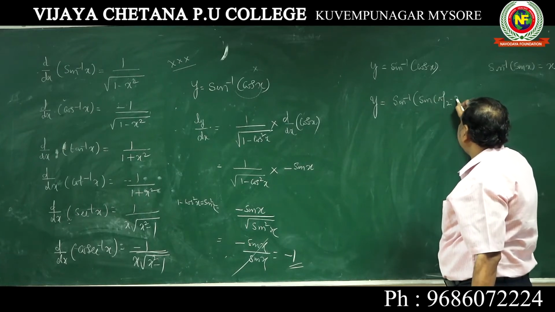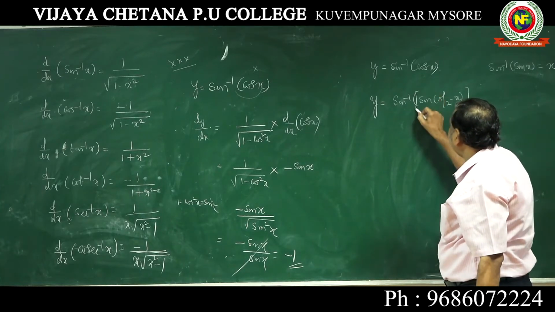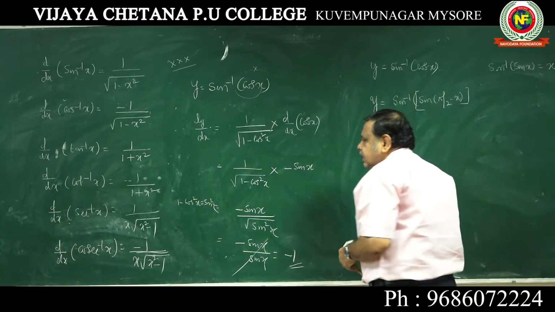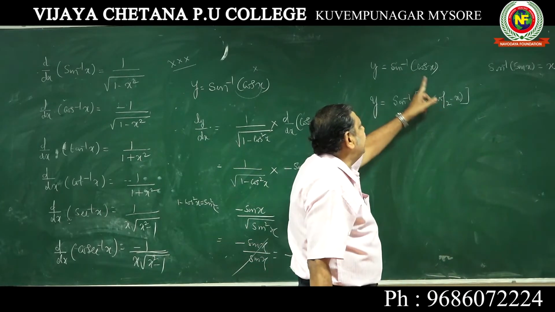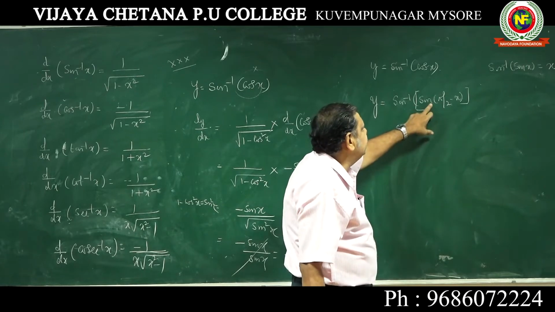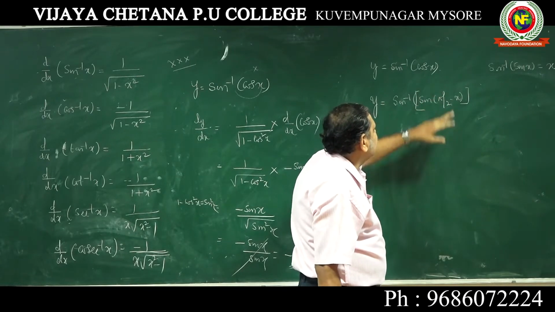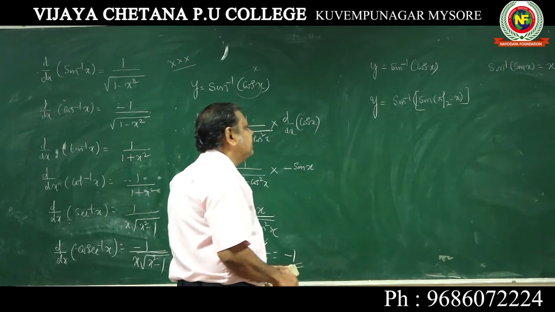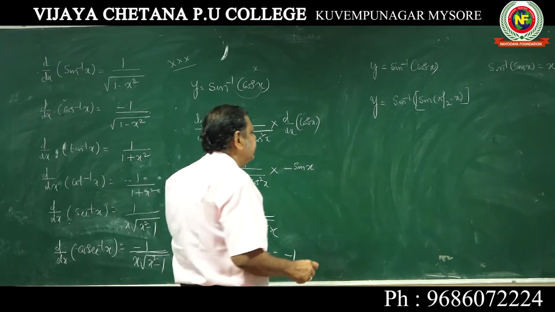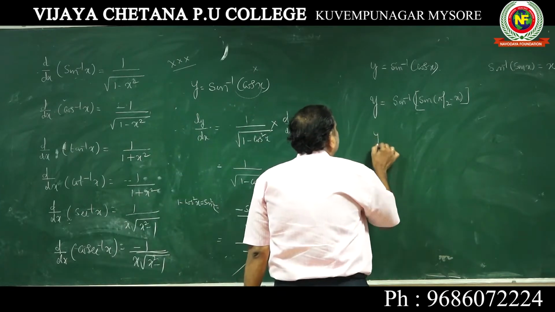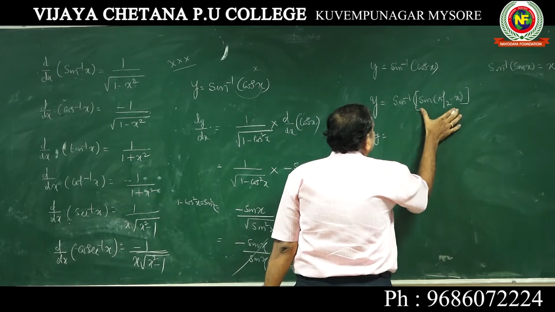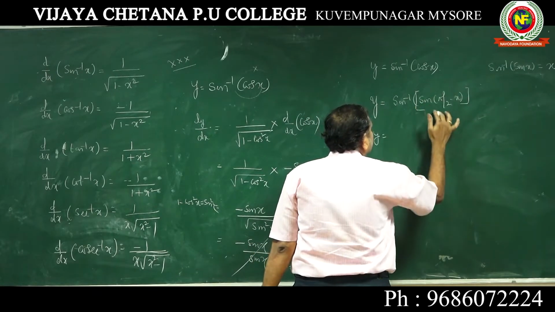Whenever you are converting, write the complementary angle. Whenever you write the complementary angle of cos x, you should write sin of pi by 2 minus x. First quadrant, and with pi by 2 the sign changes to cos. So y is equal to sin inverse of sin of pi by 2 minus x.